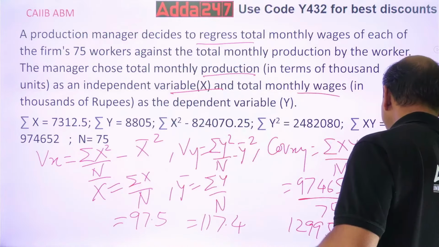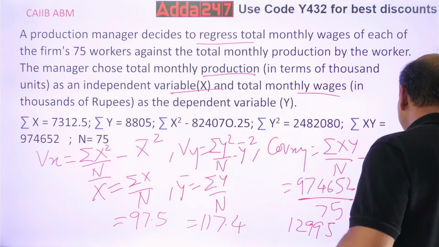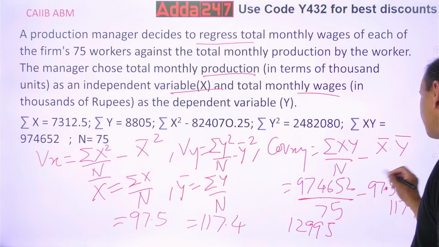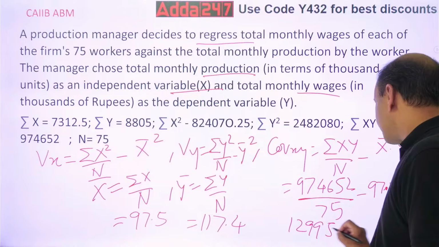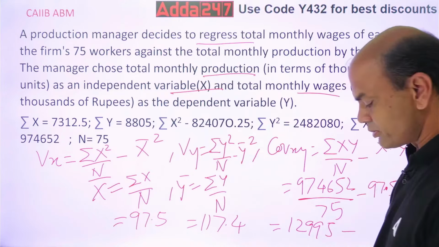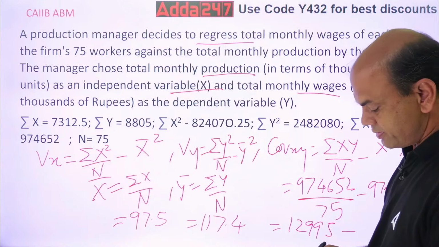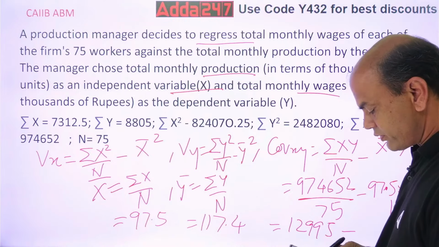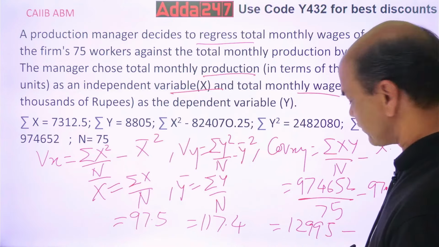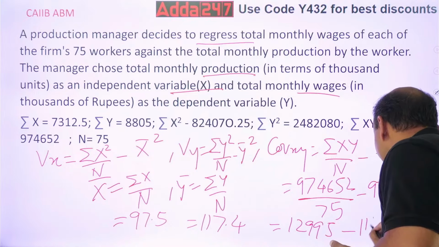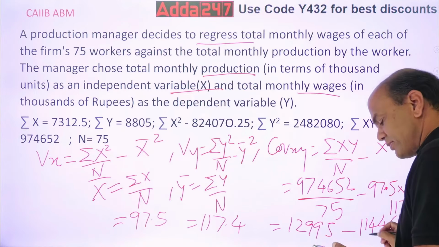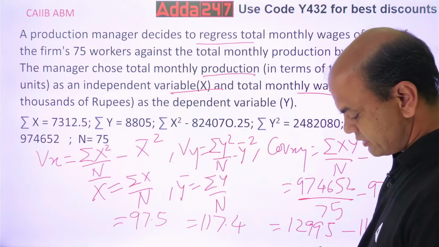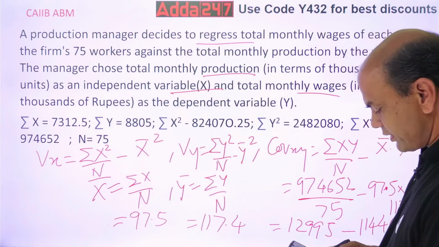97.5 into 117.4. Now do the calculations. Everyone, what is the answer for this? So 11446.5, minus 12995.